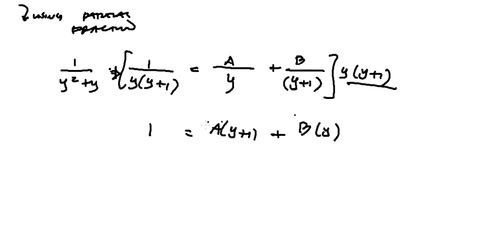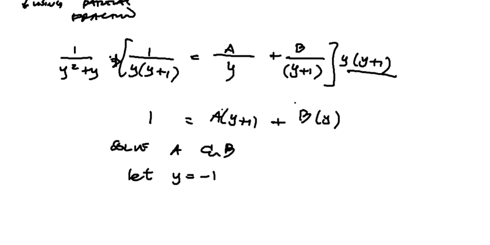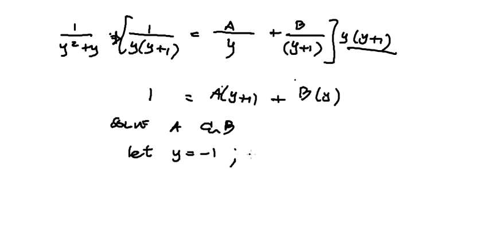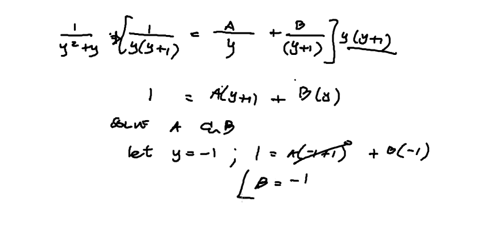Then solve for the values of A and B. Let y = -1, because then we may cancel this out and solve for B. By doing that, 1 = A(-1 + 1), which is just 0, plus B(-1). So B is just equal to -1.